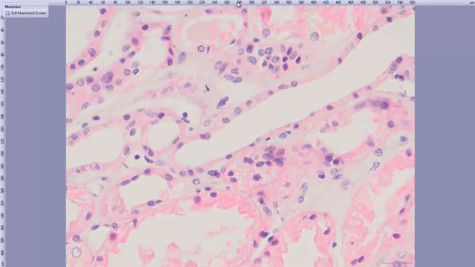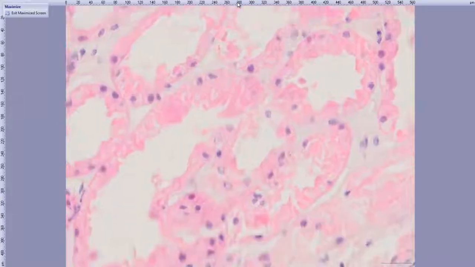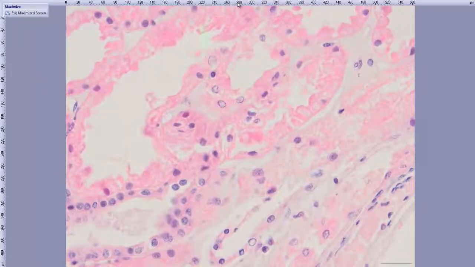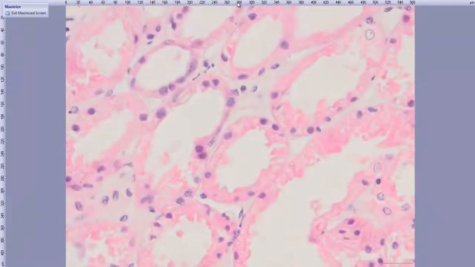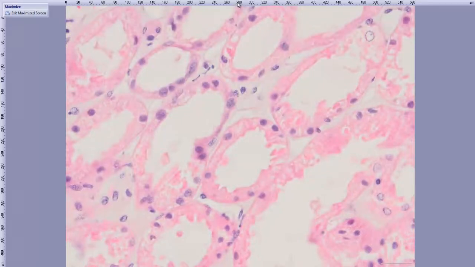But what is prominent are these crystalline structures within the tubular epithelial cells. There are actually all kinds of sizes and shapes. You can see some of them are much smaller and granular, whereas others have formed these crystal-like structures.